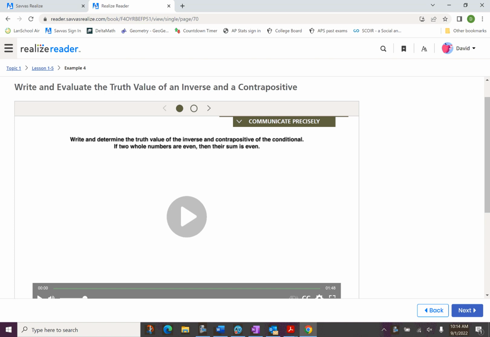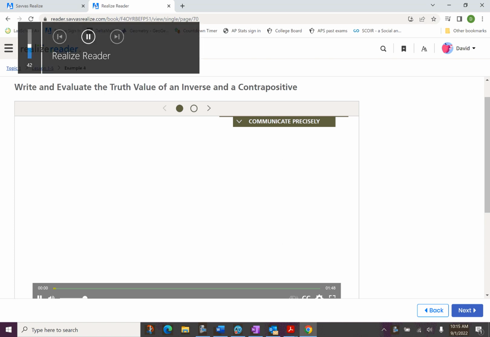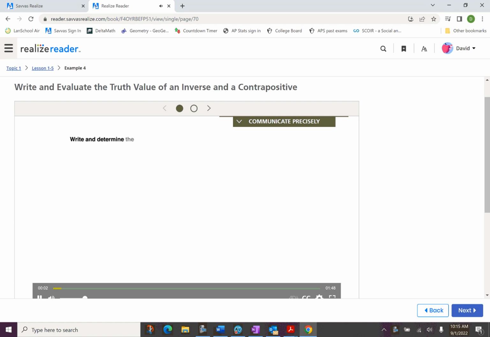If two whole numbers are even, then their sum is even. Write and determine the truth value of the inverse and contrapositive of the conditional. If two whole numbers are both even, then their sum is even.